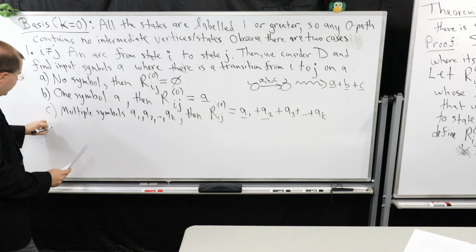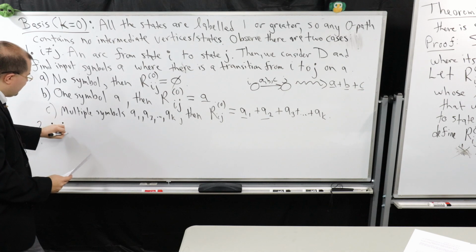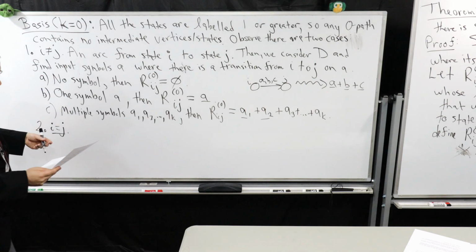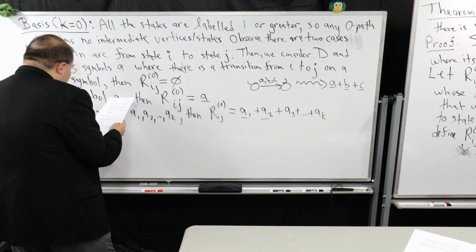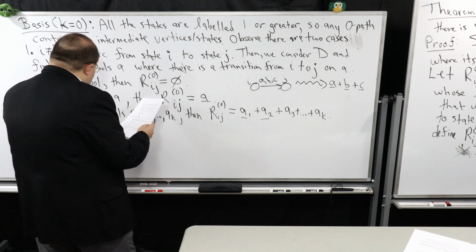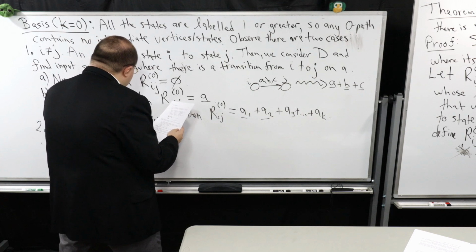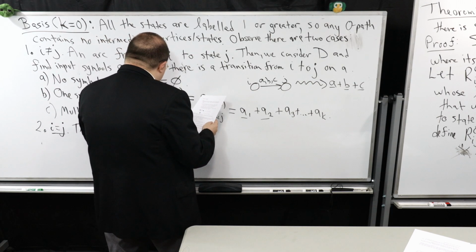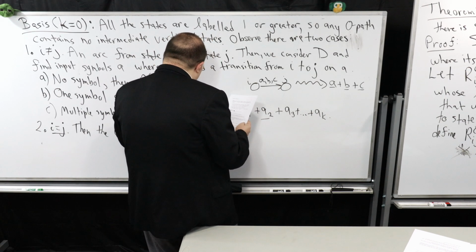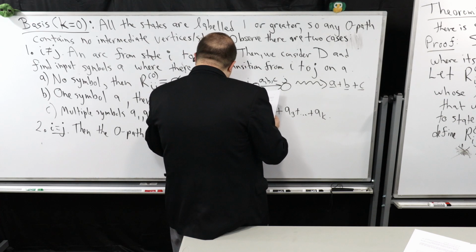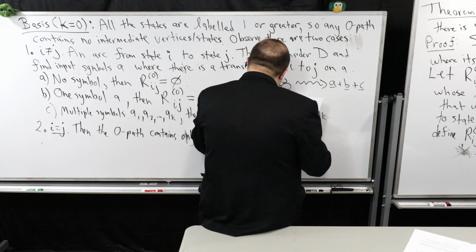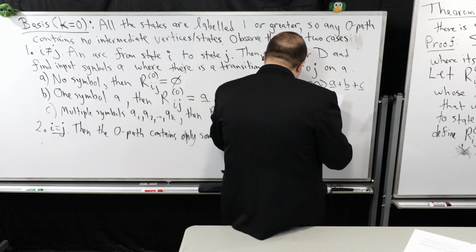If we're okay with that, I'm going to do i equal to j. Now, the great thing about this case is you can imagine it like you're just going from one state back to itself. The 0 path contains only some vertex or state, whatever you'd like to call it, vertex or state i.